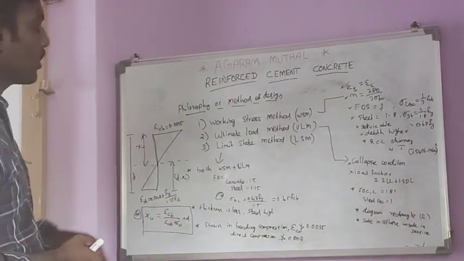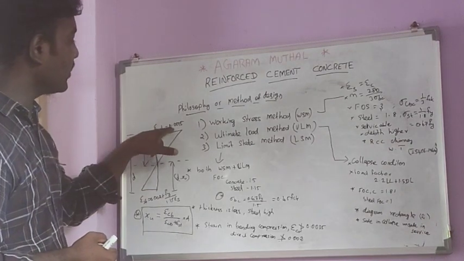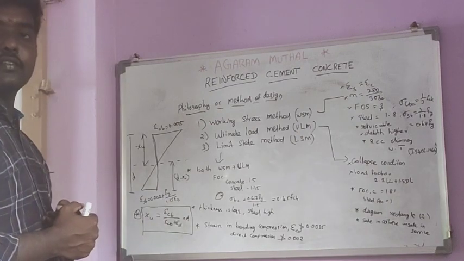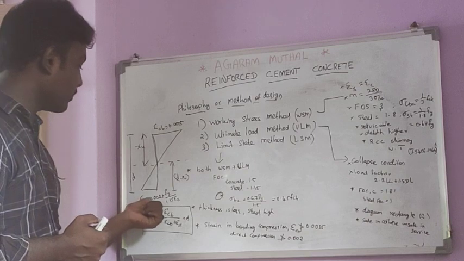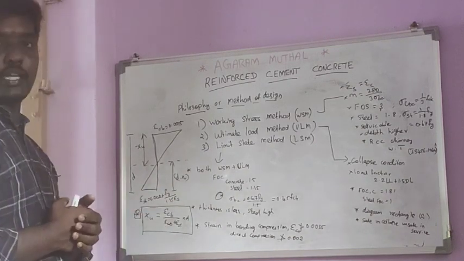If you draw a strain diagram, in the compression zone the strain is taken as 0.0035, and for the tensile zone the strain becomes 0.002 plus Fy divided by the factor of safety into Es.